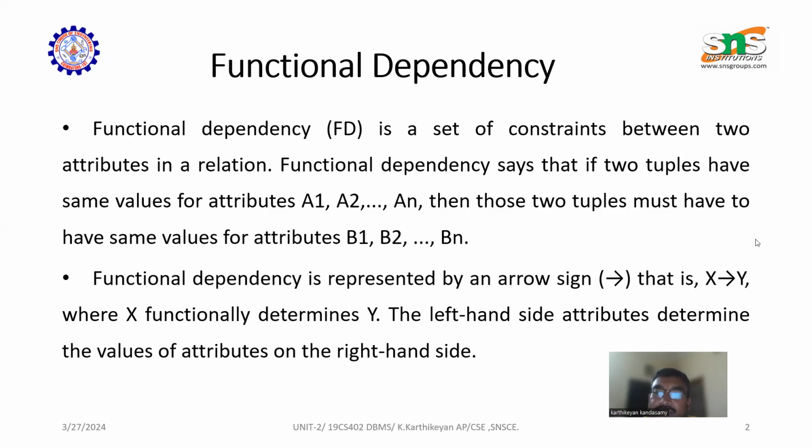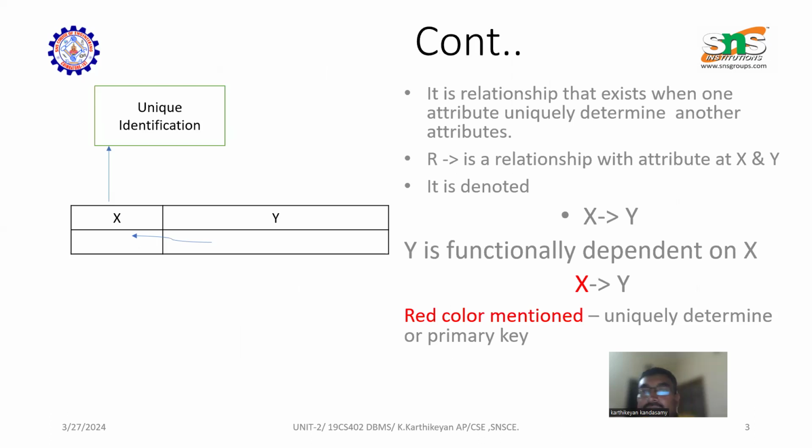X is a unique identification, so X → Y. It is the relationship that exists when one attribute uniquely determines another attribute. R is a relation with attributes X and Y, denoted by X → Y. Y is functionally dependent on X.